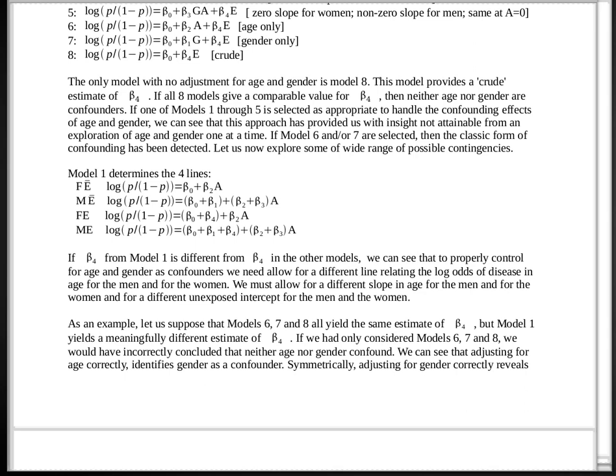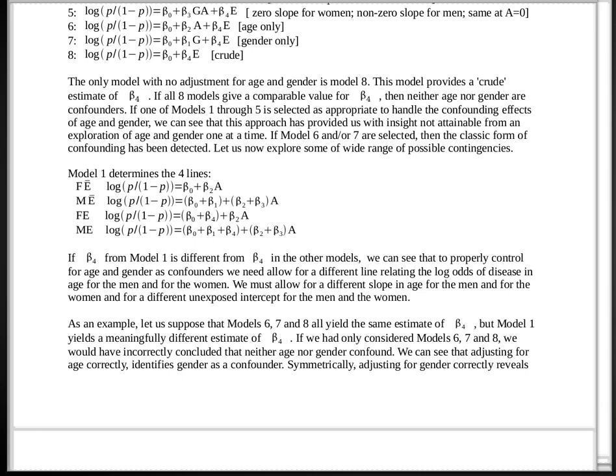So, if beta 4 in Model 1 is different from beta 4 in the other models, and meaningfully different, right? We have all these issues of what do we use to judge whether confounding is present or not, leaving that out of the discussion here.